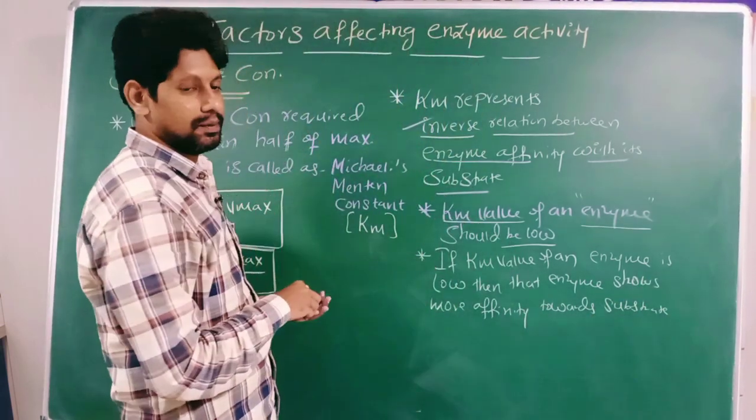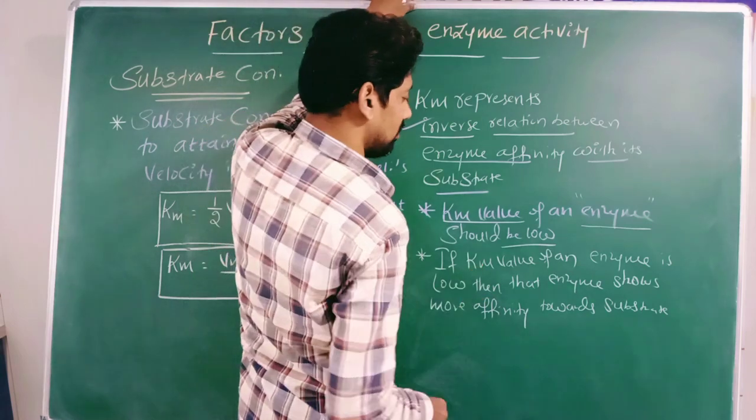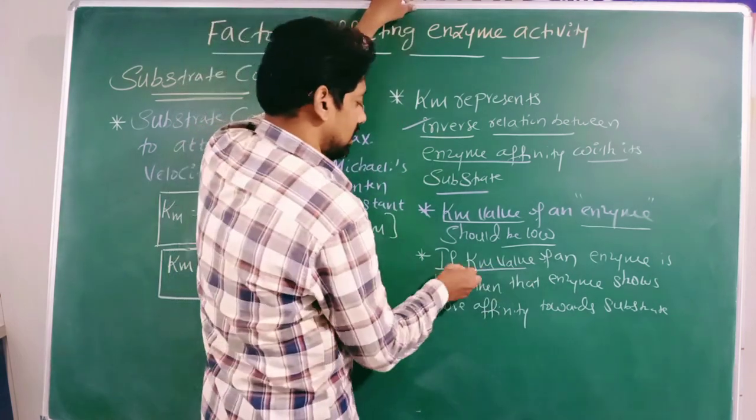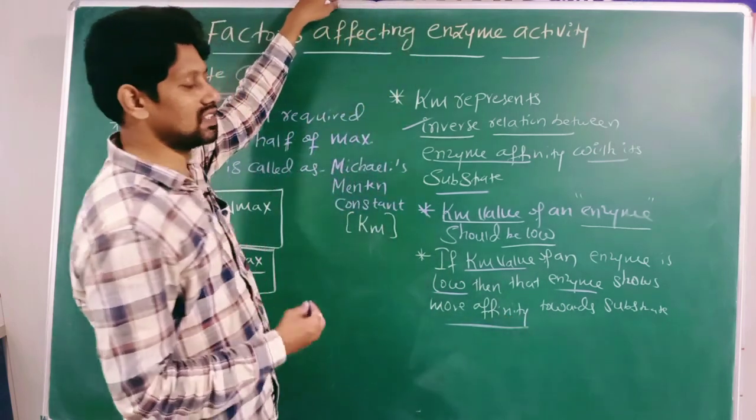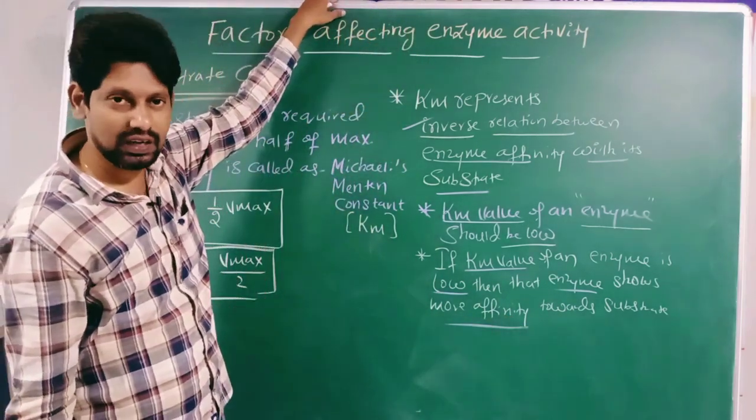Towards what, sir? Substrate. Therefore, if the Km value of an enzyme is low, then the enzyme shows more affinity towards the substrate. Okay.